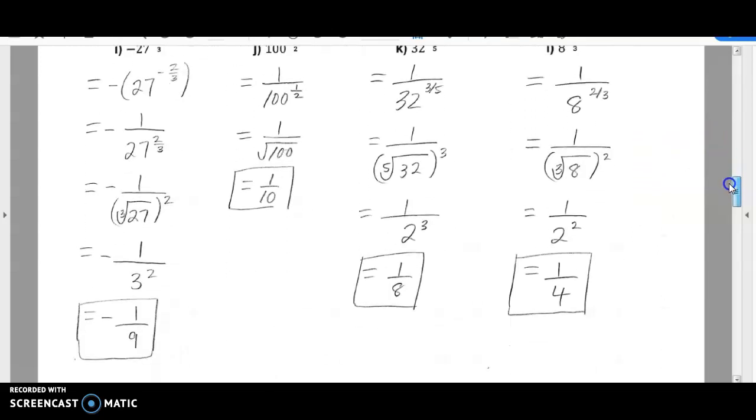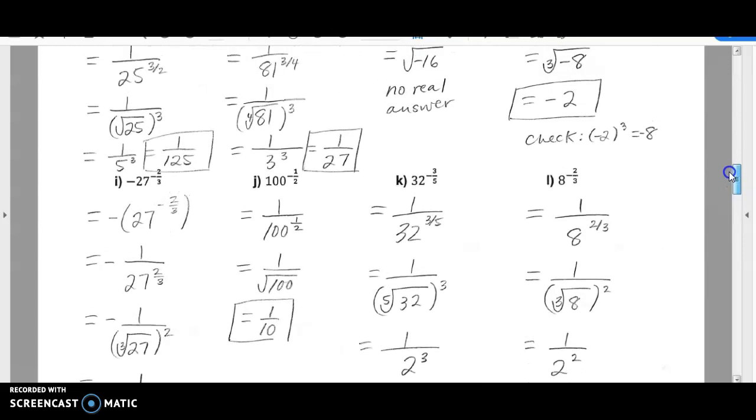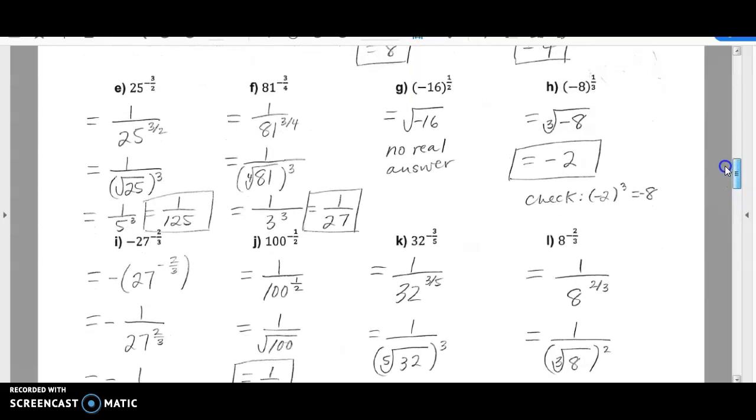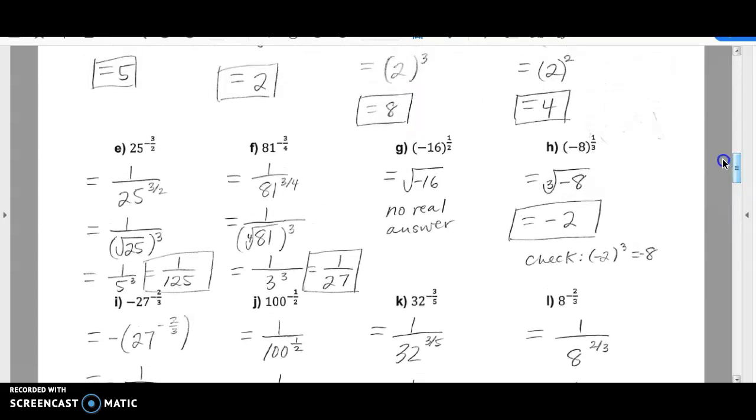I'm not going to go over all the examples here because they're all done in the same way. But let me just pick one with a negative exponent. So let's say something like e. Remember, the only difference here, before we start evaluating anything, is that because we have a negative exponent, we need to flip the base.